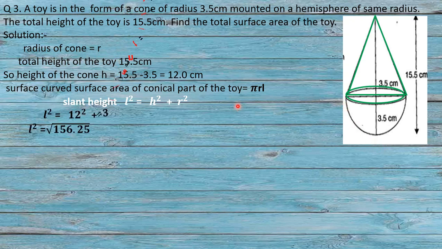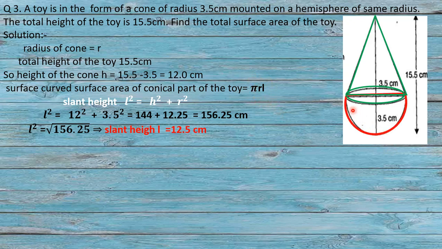We get L square is 12 square plus 3.5 square, which is 144 plus 12.25, becomes 156.25 centimeters square. So by taking the square root we get slant height L is 12.5 centimeters. Now we can find the lateral surface area, or curved surface area, pi r L.